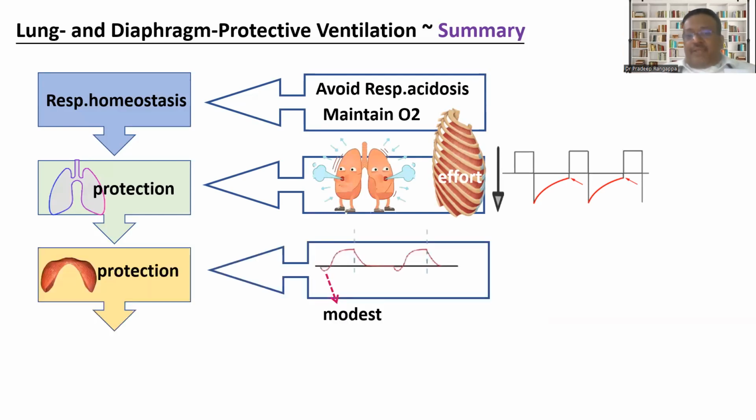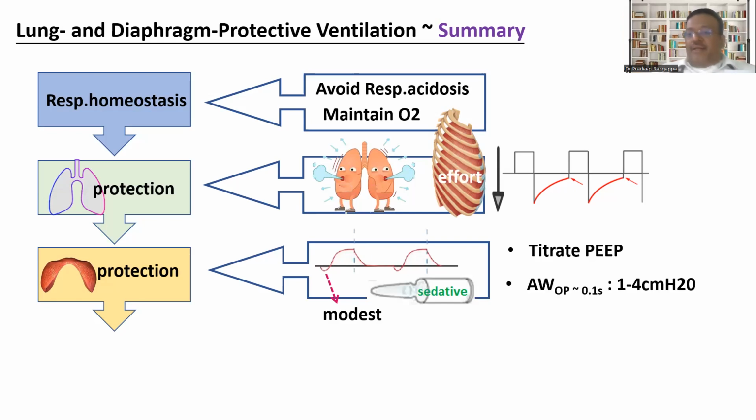And your diaphragmatic protection happens by creating respiratory drive which is optimal. Right now, we have a practical tool where we look at the change in the pressure with inspiratory effort against an occluded airway for 0.1 second, which is readily available on ventilators. And sedation should not be oversedated or undersedated. PEEP should be optimal. Too much PEEP is bad for the diaphragm, too little PEEP is bad.